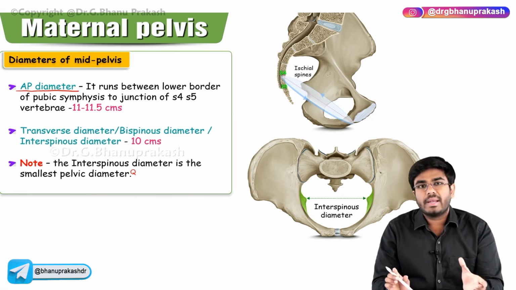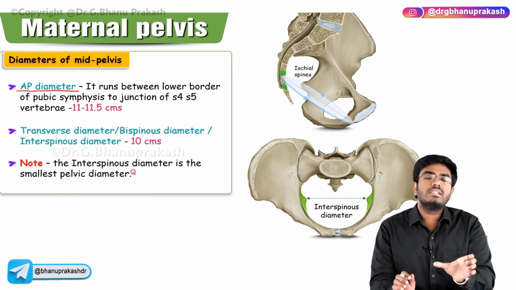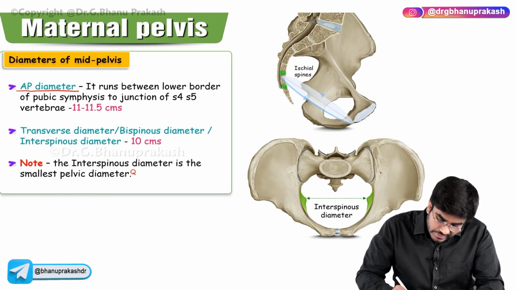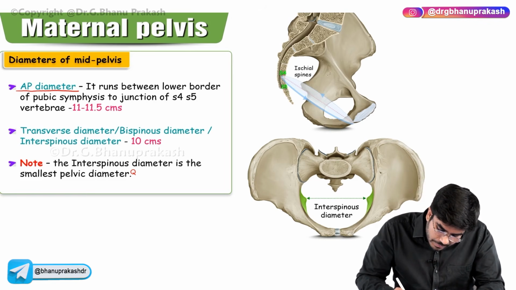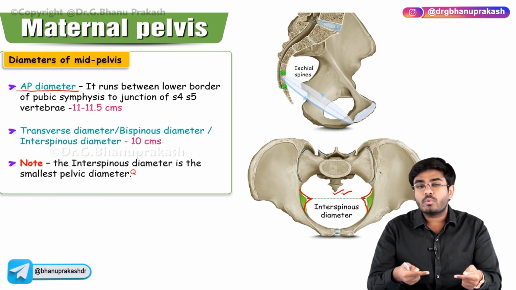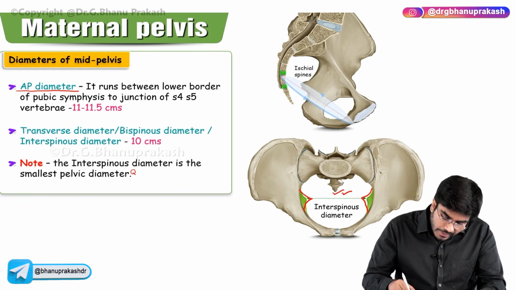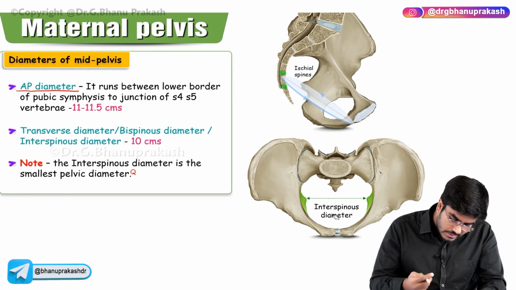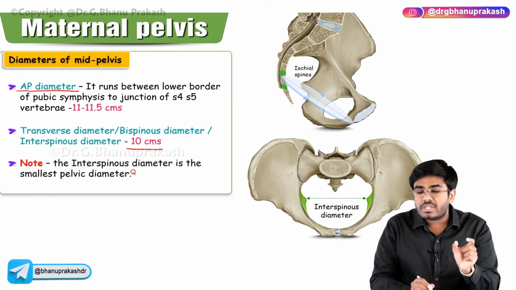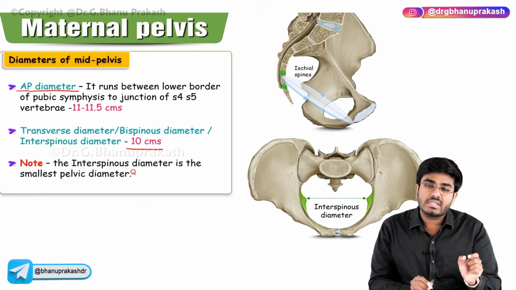This is not bad; the anteroposterior diameter is considerably good. But please concentrate here. The interspinous diameter, in between the spines, you can clearly see that these spines are protruding into the pelvic cavity. So the interspinous diameter is just 10 centimeters. Narrowest area. Chances of deep transverse arrest can occur.